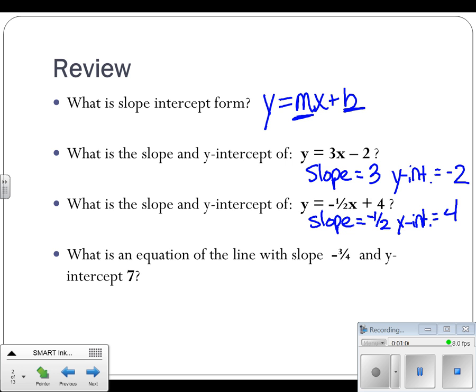What is an equation of the line with the slope negative 3/4 and y-intercept 7? This would be y equals negative 3/4 x plus 7.